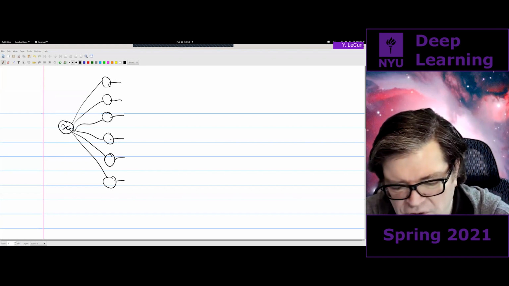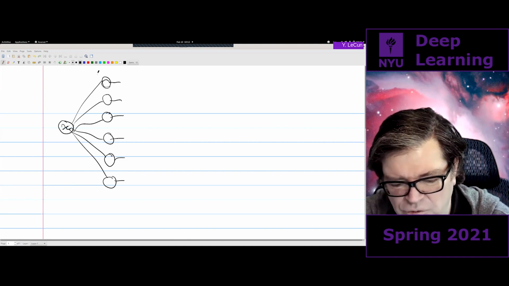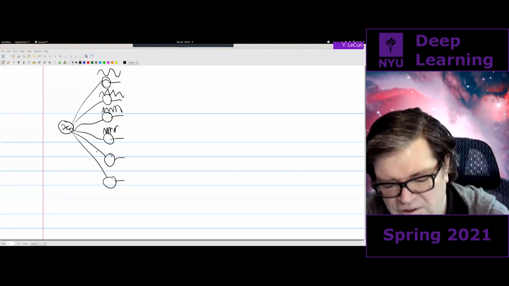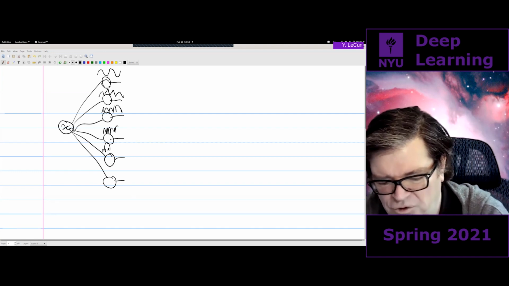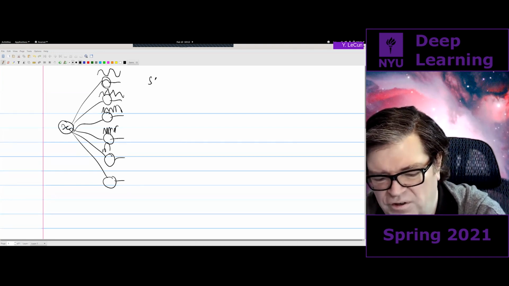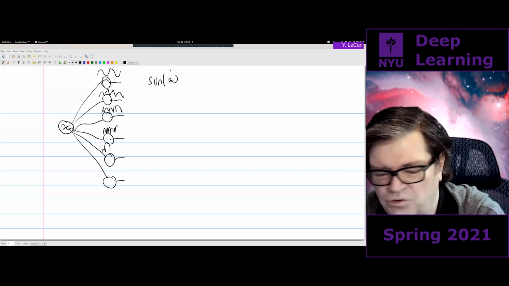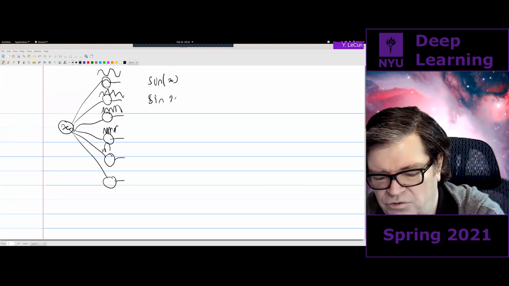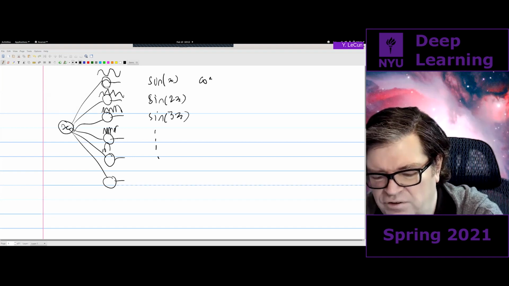And what you do is you make the activation function for this unit equal to a sinusoid. For this one, it's a sinusoid with twice the frequency, for this one 3 times the frequency, and for this one 4 times the frequency, etc. So you have activation functions that are sin x or some coefficient, sin 2x, sin 3x, etc. And for good measure, you also add the cosines: cos x, cos 2x.